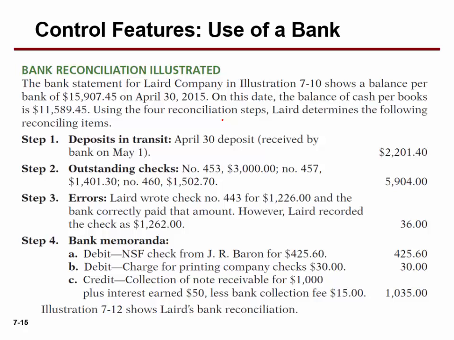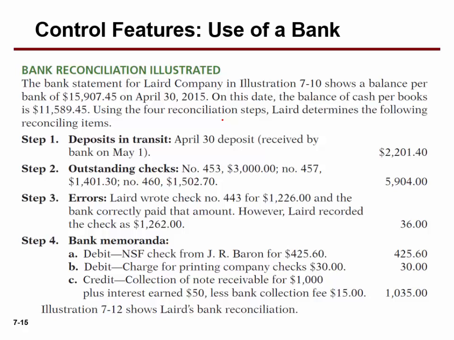Credit collection, note receivable for what? For $1,000 plus interest of 50, but they charged us a collection fee of 15, so we netted 1,035 for that. So we're going to pick that up, aren't we? That's going to be an add of what? 1,035?